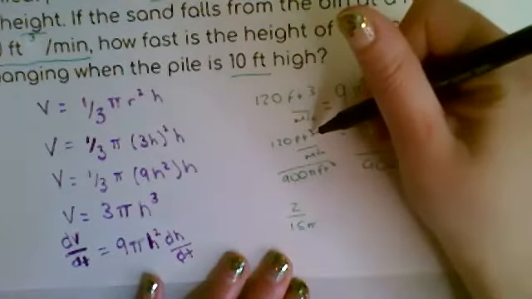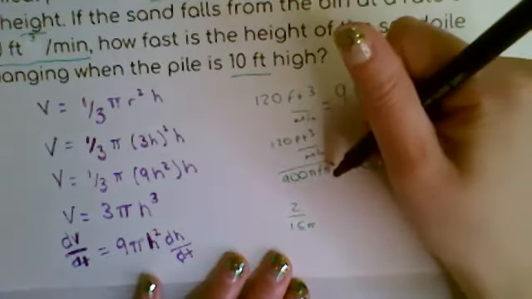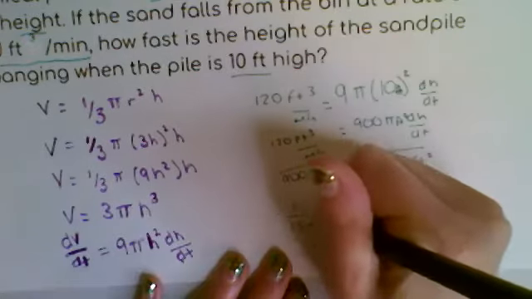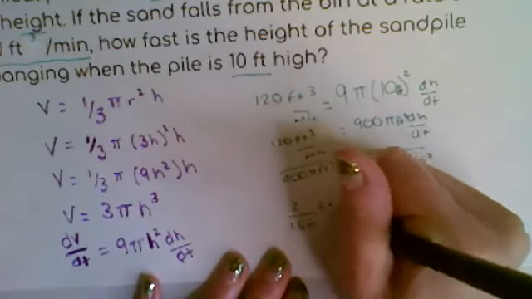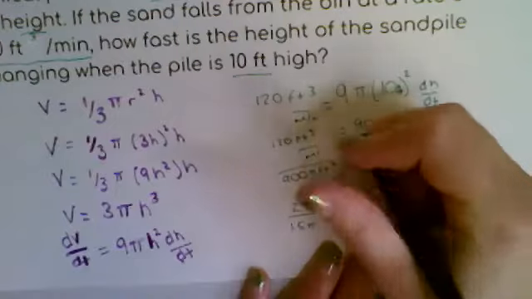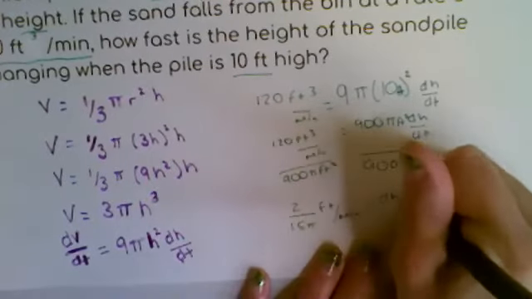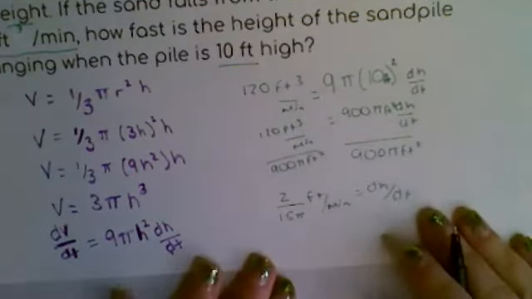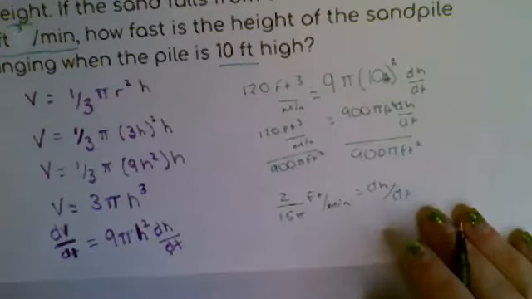Since I have 3 feet at the top and 2 at the bottom, I'm just going to end up with 1 foot. And that gives me my dh/dt. So the height is changing at a rate of 2/15 pi feet for every minute.